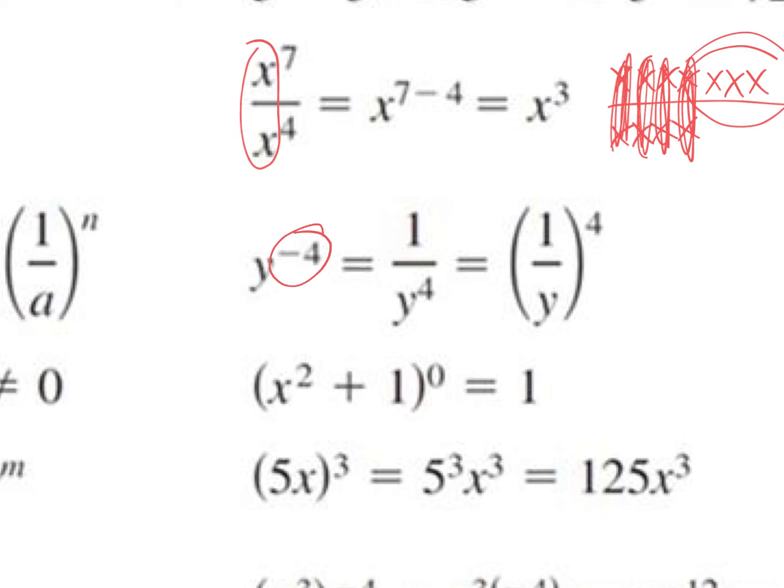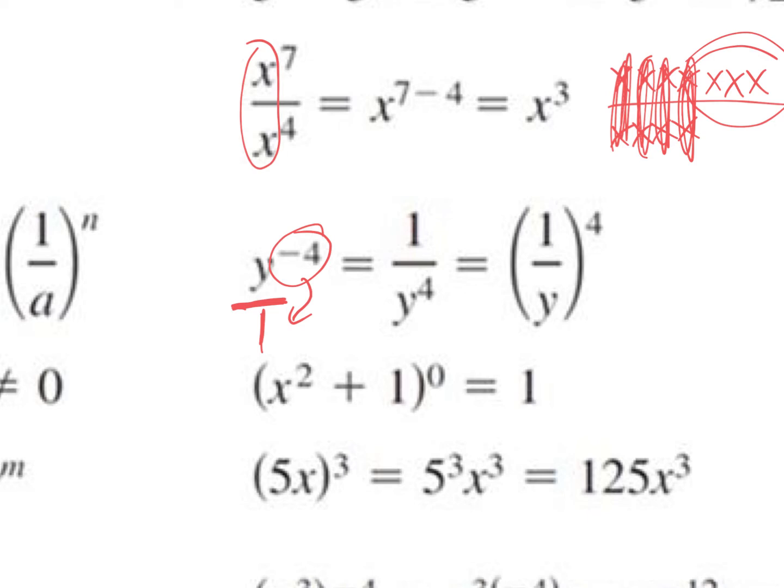Well, in this case, you guys might say, well, there's nothing in the denominator. What is right under this y that we don't see? It's just understood. 1. It's a 1. So what this is really saying is y to the negative 4th over 1. In order to make a negative exponent positive, you move it either from the numerator to the denominator or vice versa. So all they did was just take this, put it underneath, and it became positive.